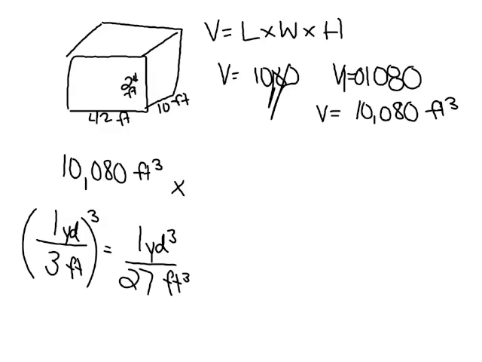Okay, so there's my ratio. 1 cubic yard is 27 cubic feet. Do feet go on top or bottom? Bottom. 27 cubic feet over 1 cubic yard. So feet cancel.